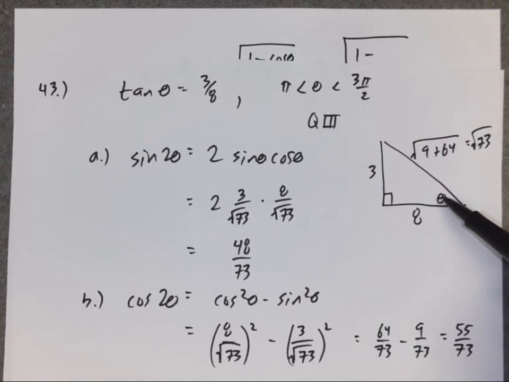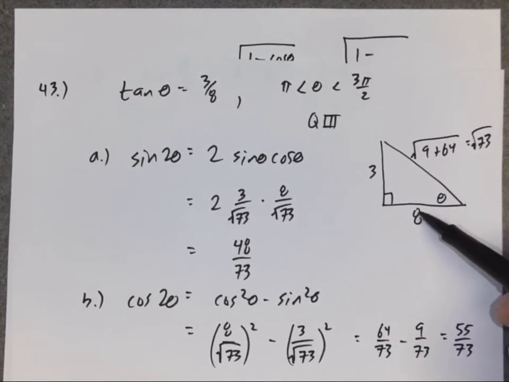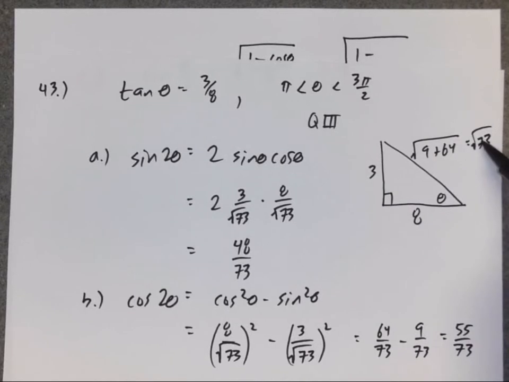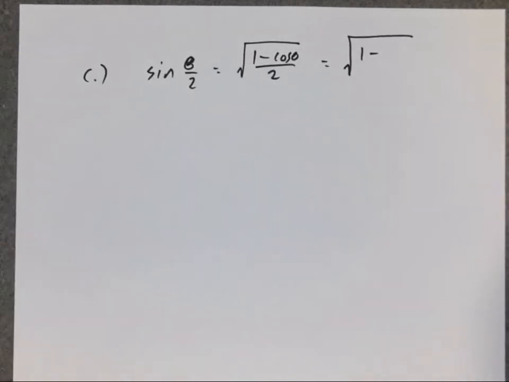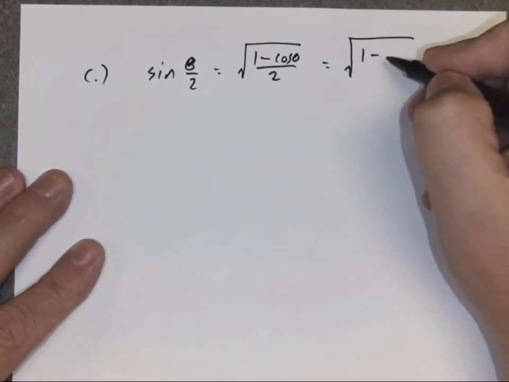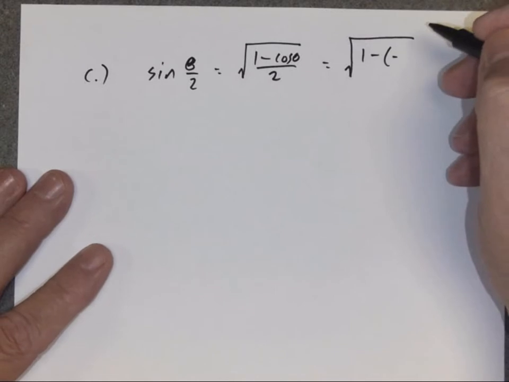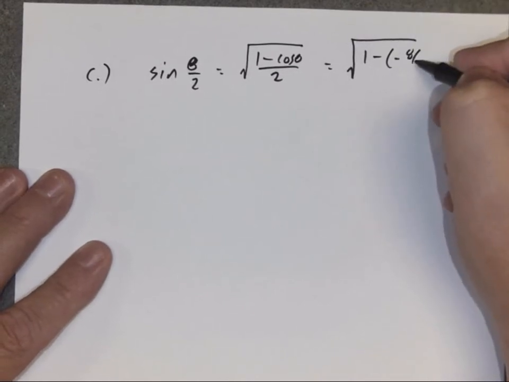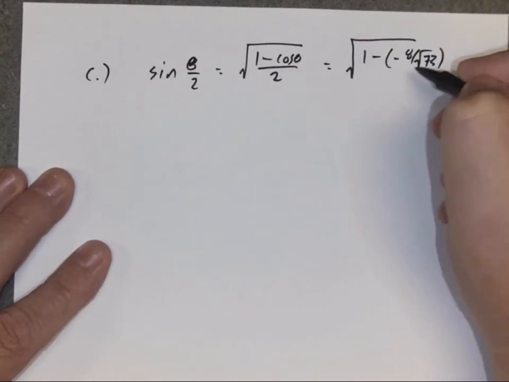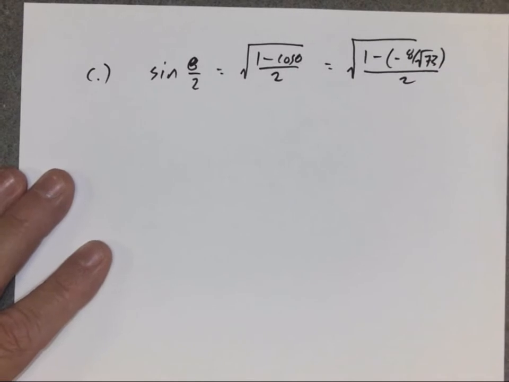So when I went to get the cosine of theta, cosine 8 over square root of 73, it should have been a negative number. So it's 1 minus a negative 8 over square root of 73, all that over 2.